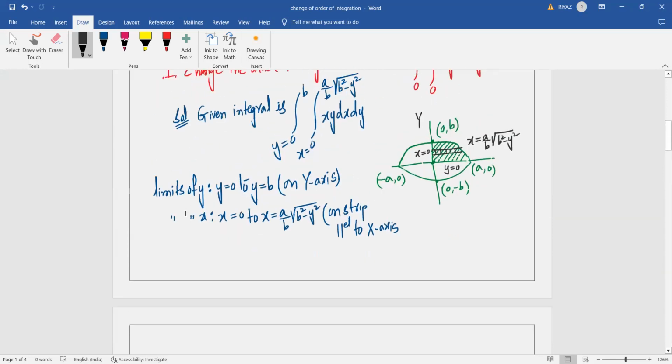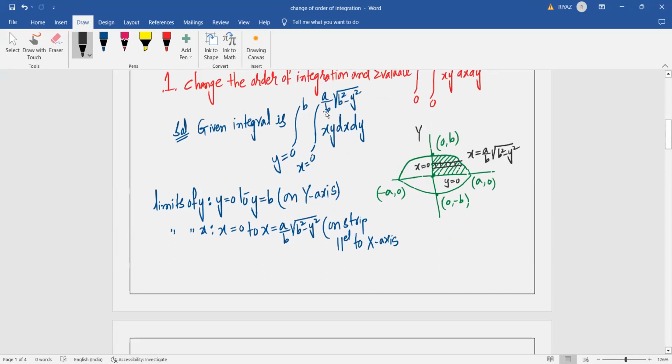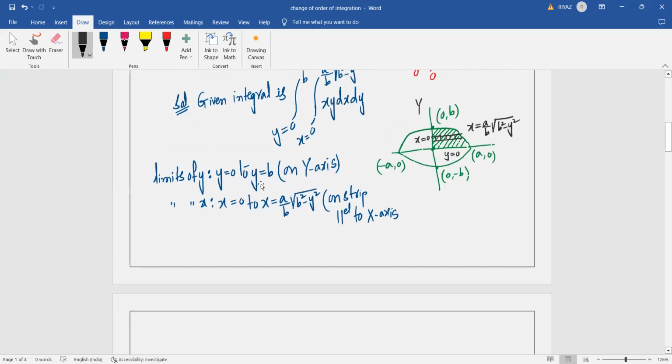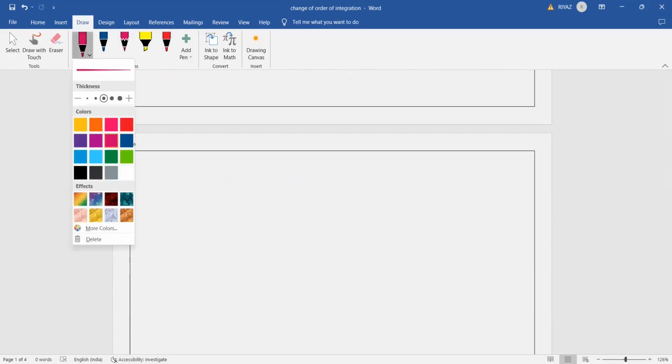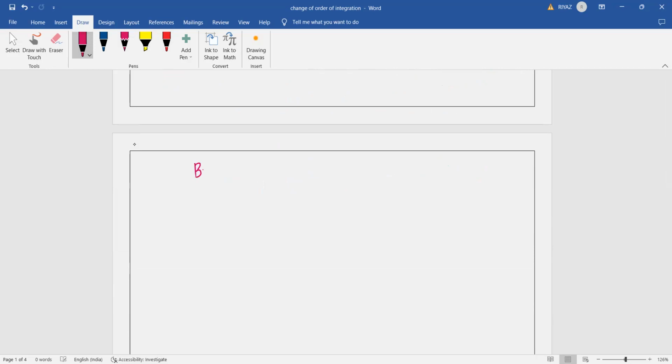And one more verification is, whatever the upper limit is there here, look at the figure when you have to draw by change of order of integration. Here I am writing. Our actual solution will be starting from here by changing.